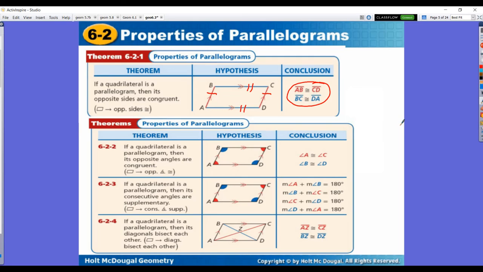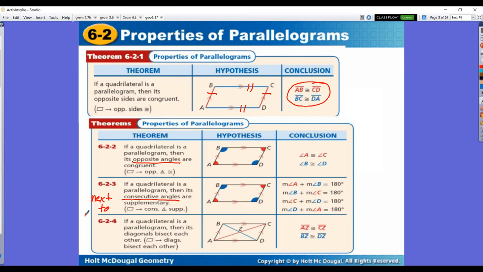Another thing we have with parallelograms is that opposite angles are going to be congruent. This is noted here in color. Angles A and C are going to be congruent to each other, and B and D will be congruent to each other as well. Another property we have is that consecutive angles will be supplementary. The word consecutive means next to.